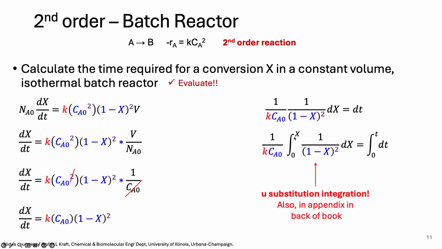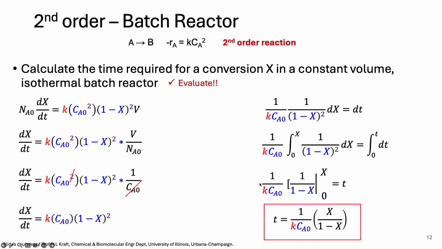Okay, so our integration now is going to be slightly different. But this is the type of integration that you should be familiar with, or if you need some help, there are some basically references in the back of the textbook to help you out.